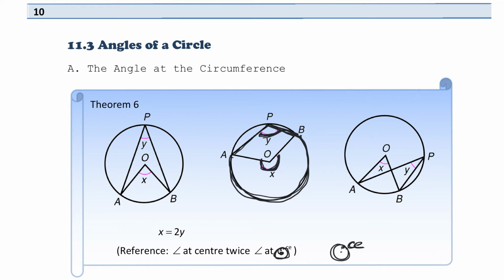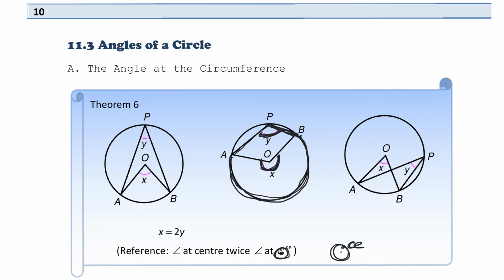Let's see the final case related to angle at center twice angle at circumference. Now, if I move this OA nearby or across point P, you can find this shape. And then this angle y is the angle at circumference APB subtended by arc AB, and this angle is the angle at center subtended by arc AB.